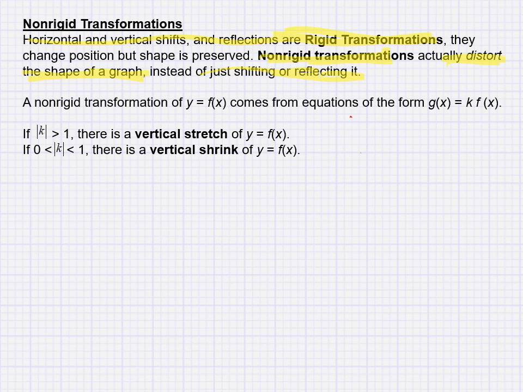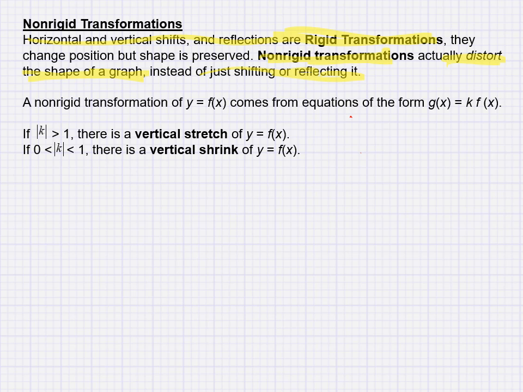And so I like to simplify it into 2 types of non-rigid transformations. We could get complicated and try and do it in terms of 4, both vertical and horizontal, but I like to do it just in terms of vertical, because in the end, they end up giving you the same thing.